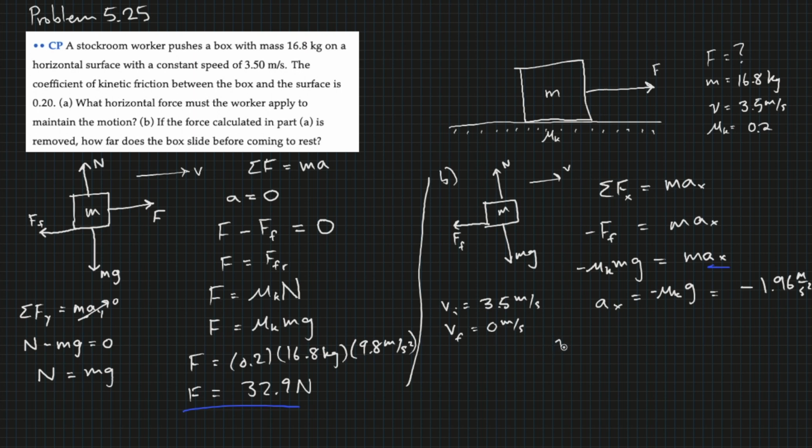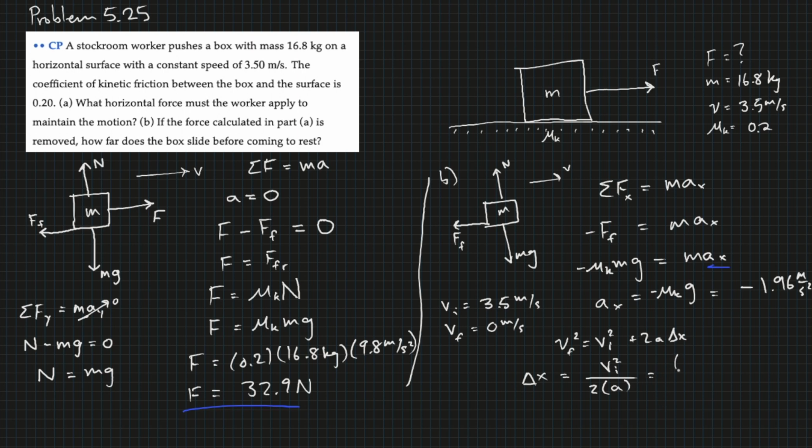So I'm going to use the kinematic equation Vf squared equals Vi squared plus 2a delta x, because this has all the pieces that I need. I can solve for delta x there. And so ultimately I find that delta x is equal to, I'm just going to rearrange it real quick, do some quick algebra, initial velocity squared over 2 times the acceleration.